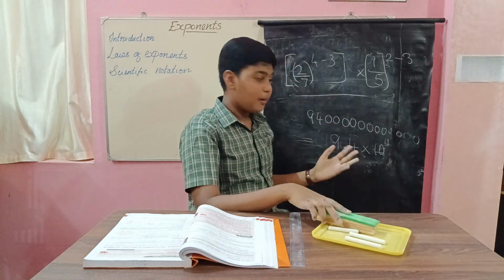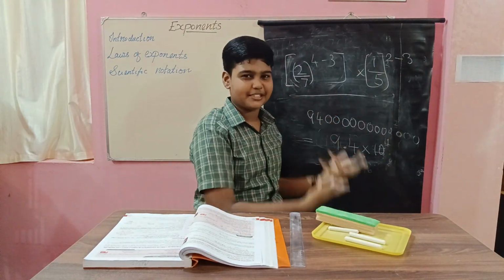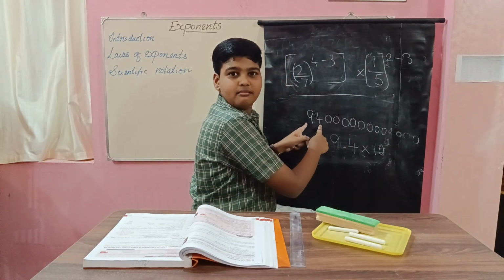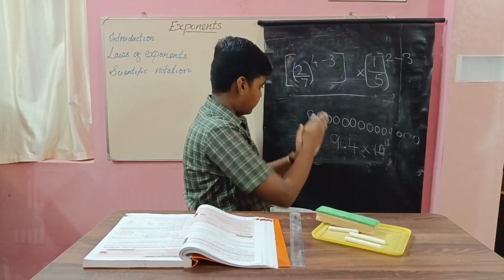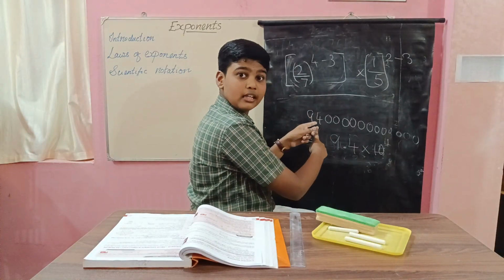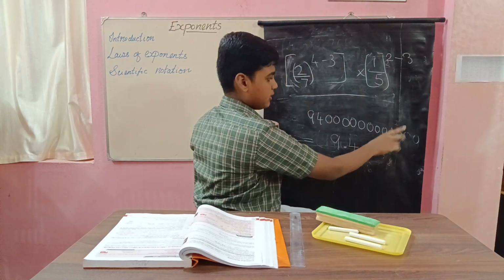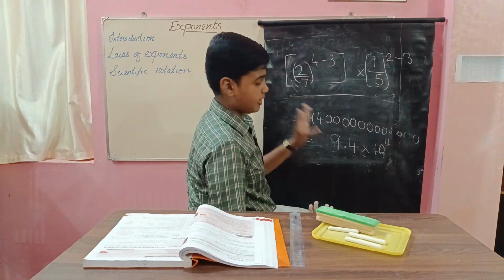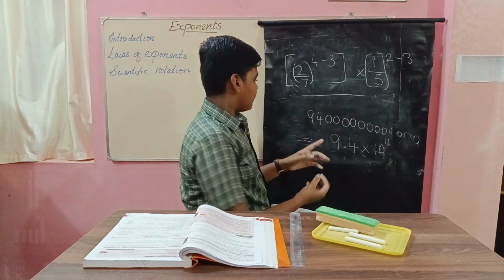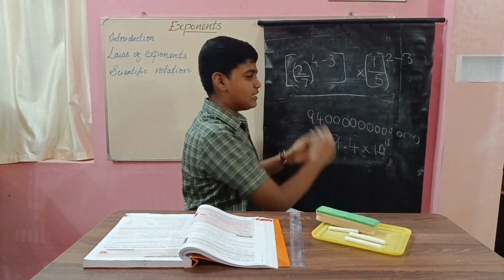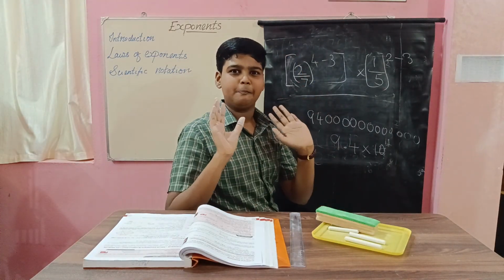Same like that here, but instead of hands, we break it with the decimal. 9.4 is there. I need to break it into two parts: 9.4, count the number of zeros, and write 10 to the power of 12. Here I counted zeros, so there I know. That's all. If you know this, and you have a whole test paper with only scientific notation, you will get full marks.